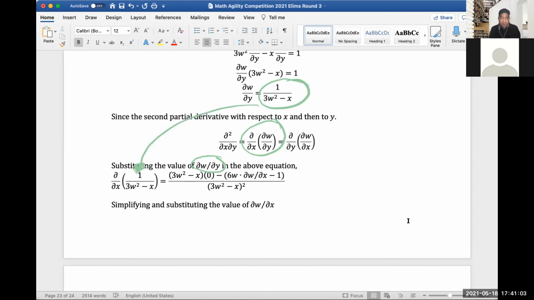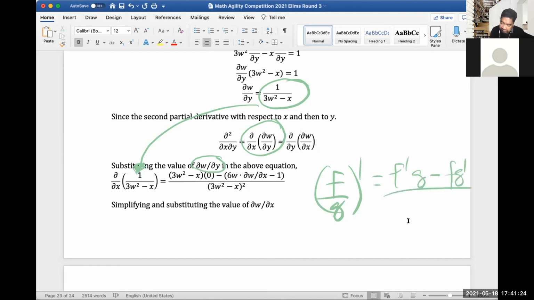If we take the partial derivative of a fraction, we will have a quotient rule, right? So what's the quotient rule? The quotient rule of f over g prime is f prime g minus f g prime, over g squared, right? So this is exactly what I did here.